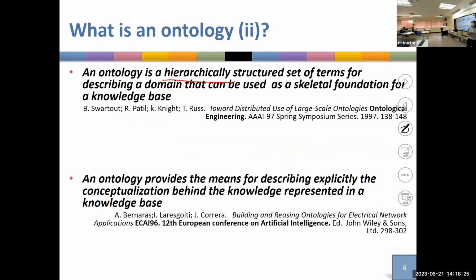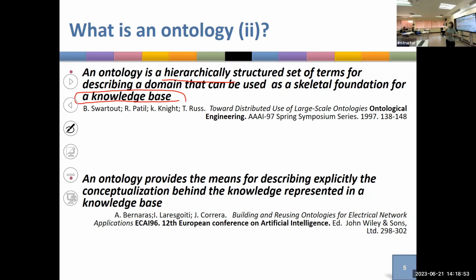Okay. Then another definition gives more detail of how ontology is like as well, such as it is a hierarchical structure, a set of terms. So it's a term that could be hierarchically structured. And actually the usage of ontology is for construction of a knowledge base for a topic area, right?